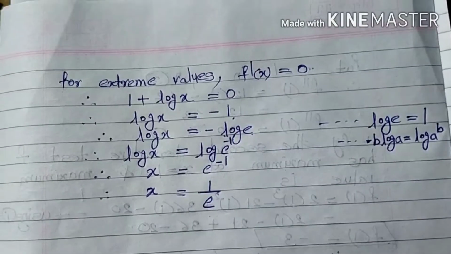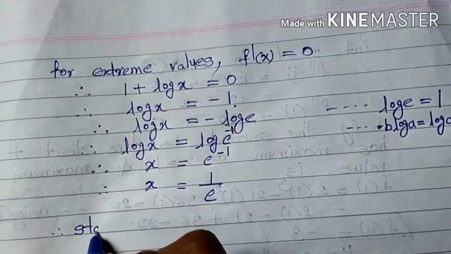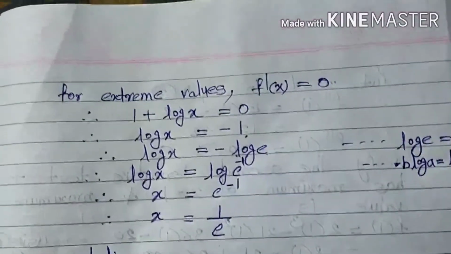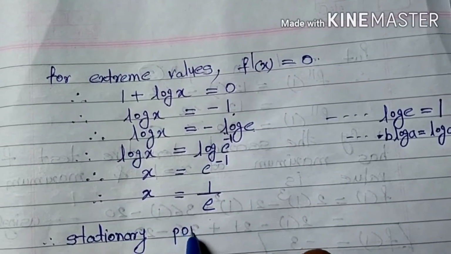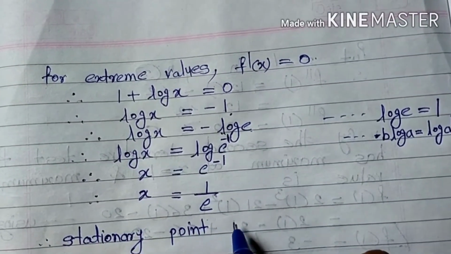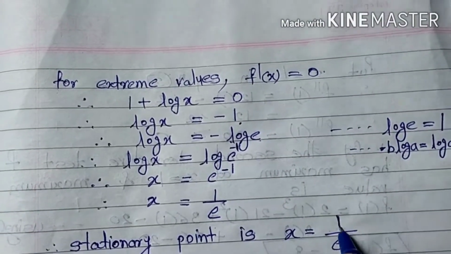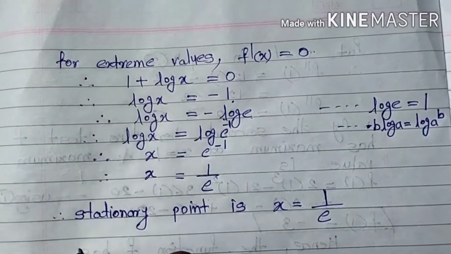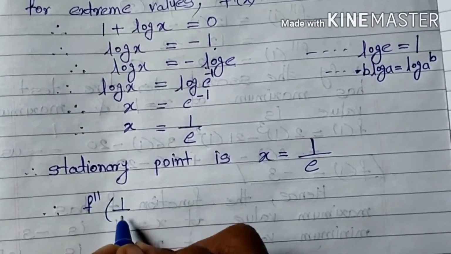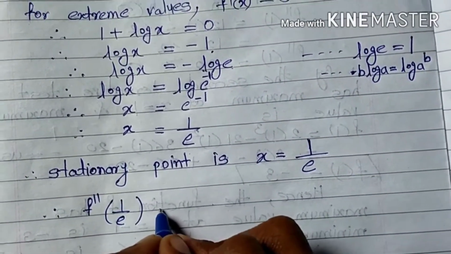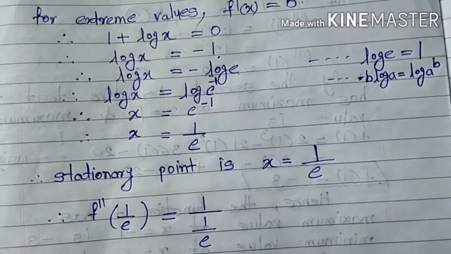There is only one stationary point. Therefore at stationary point x equal to 1 upon e, f double dash of 1 upon e is equal to 1 upon 1 upon e.